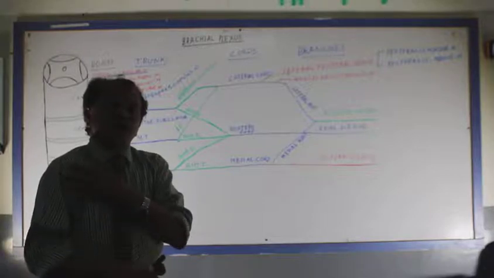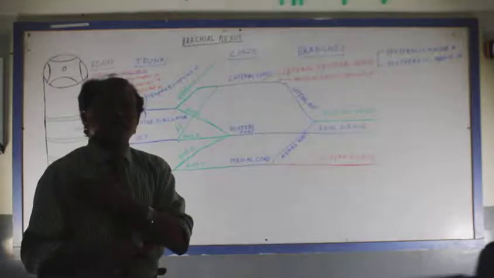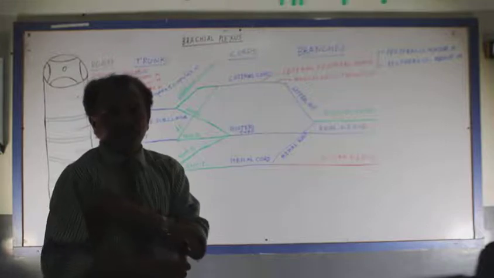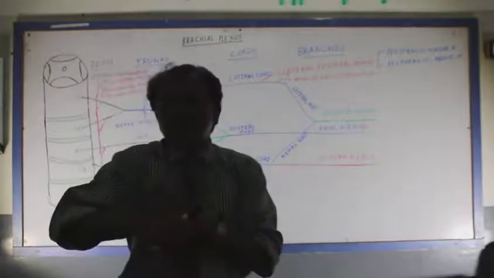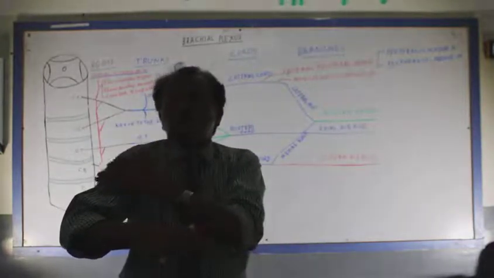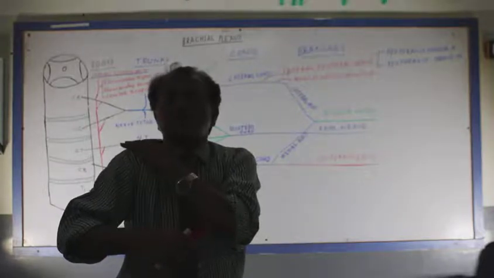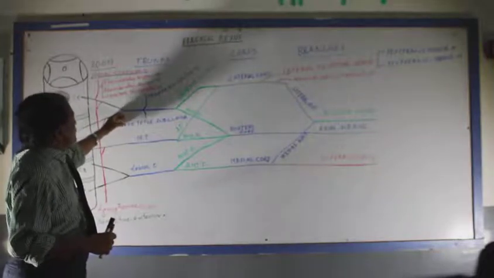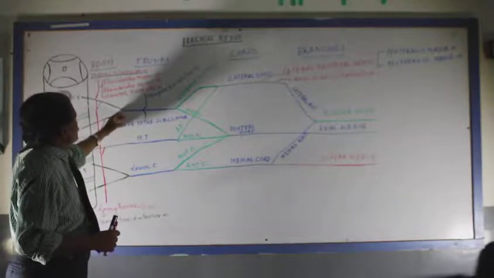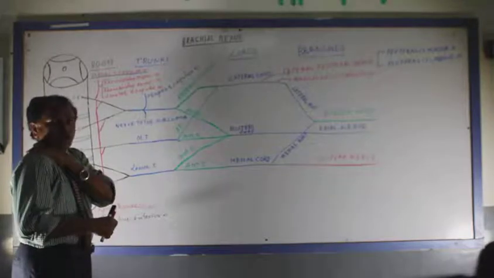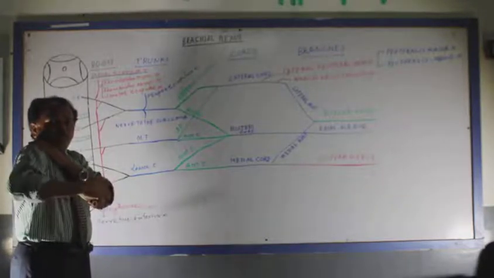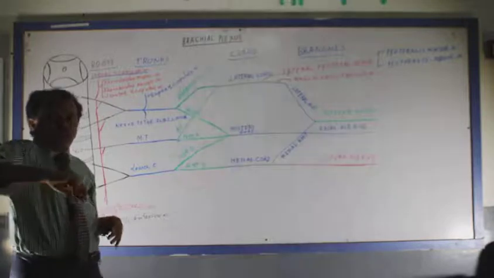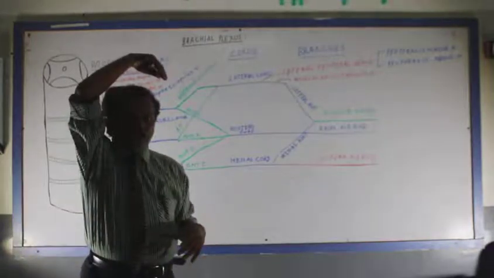So abduction of the arm from 0 to 15 degrees, as I just mentioned, is maintained by the supraspinatus muscle, and then 15 to 90 degrees is maintained by the deltoid. Overhead abduction is maintained by the serratus anterior.